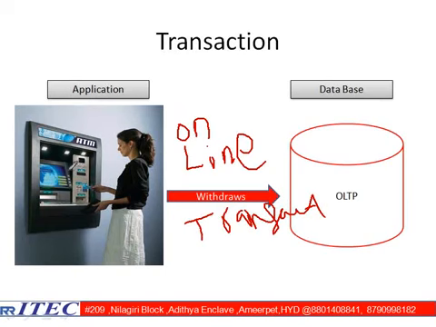Moving the data from application to database is called process. So altogether, whatever she is doing is an online activity, whatever she is doing is one transaction, and moving the data from application to database is called process.